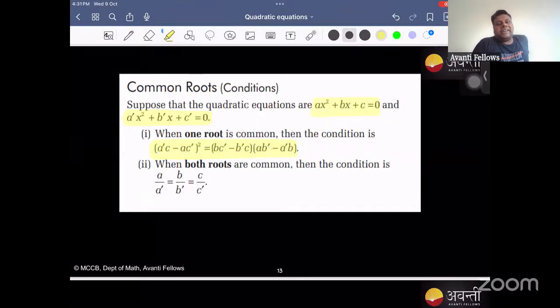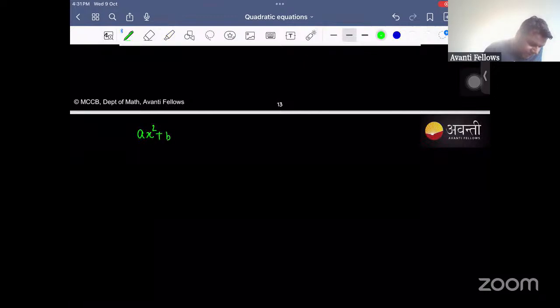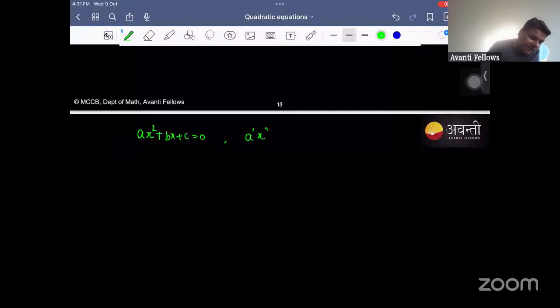Now how did we get this condition? See, one quadratic equation is ax square plus bx plus c equal to 0. The other is a dash x square plus b dash x plus c dash equals 0. Now, let alpha be the common root.